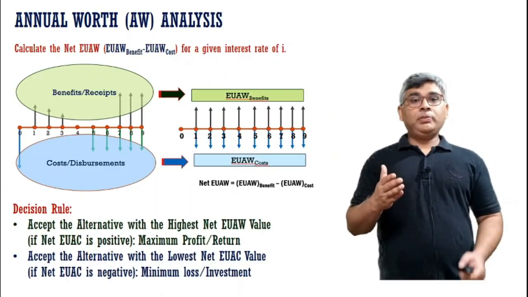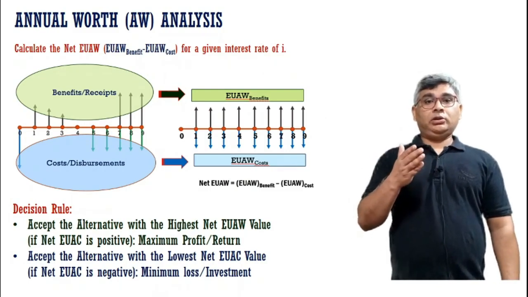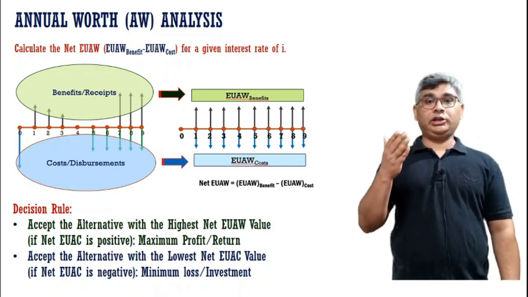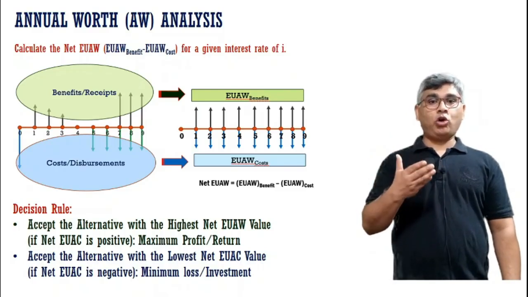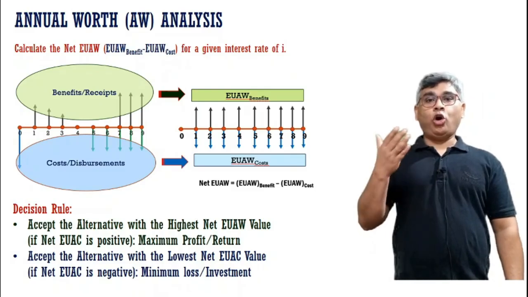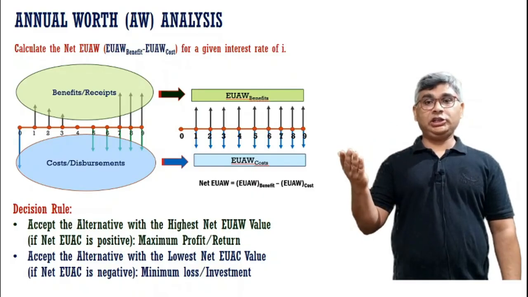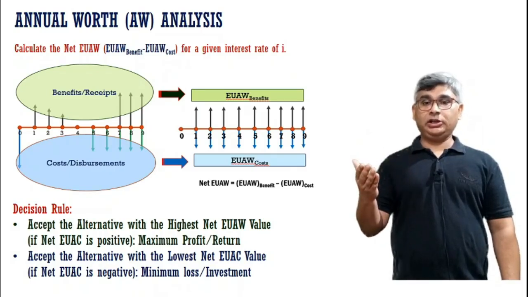Now on similar lines to what we did for the present worth analysis, we can analyze the annual worth method. In a cash flow we have certain receipts, which we call benefits or cash inflow. We do have the costs, or the cash outflows or disbursements. Then this complete cash flow should be transformed into annuities. Some annuities will represent the benefits or receipts, and the downward annuities will represent the cost and disbursement.